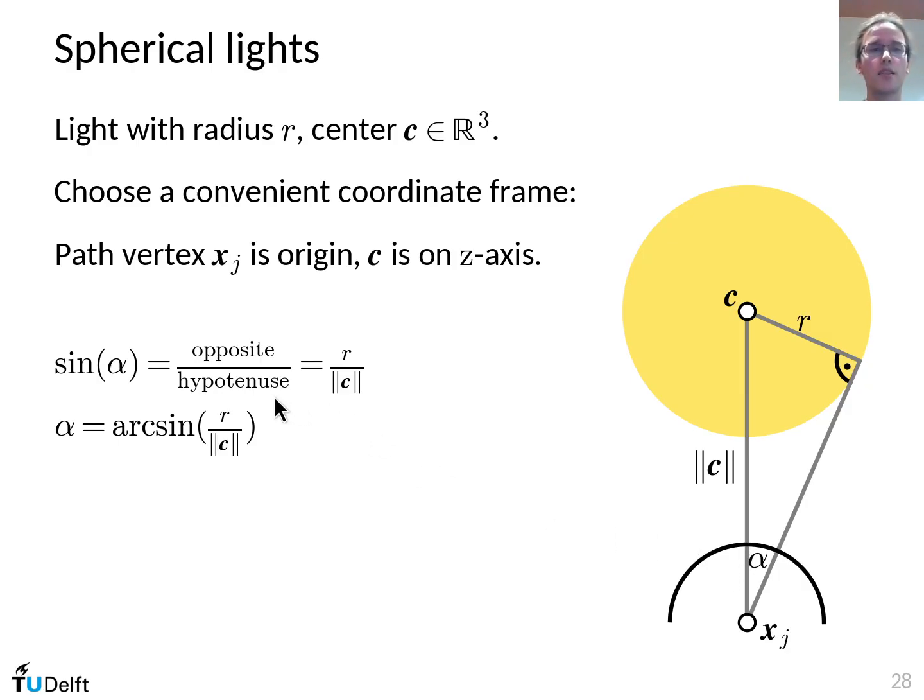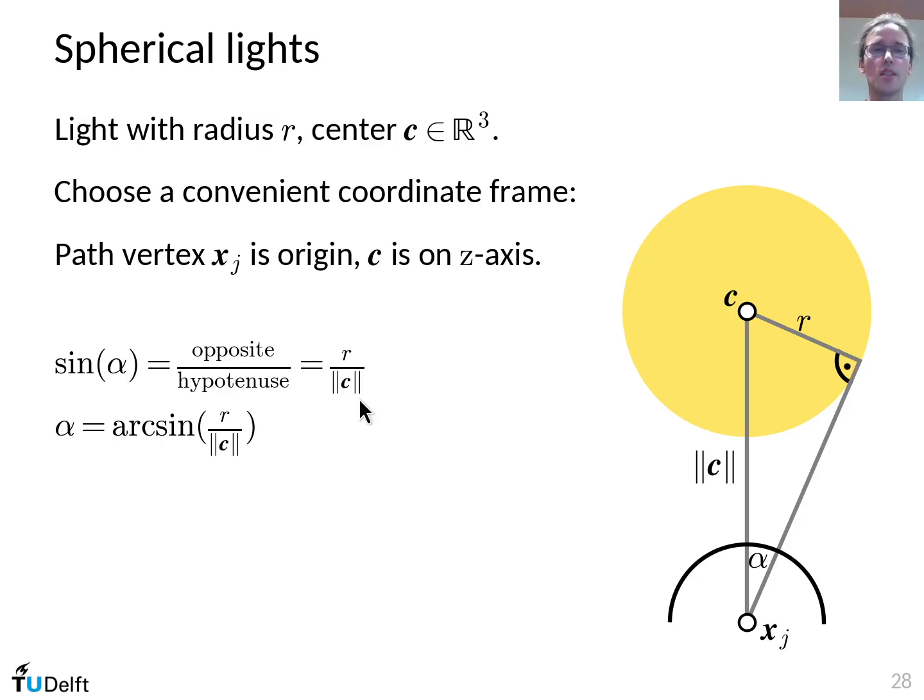And to compute this angle, we use trigonometry. So we look at this right triangle here made up of a tangent line to the sphere and the vector towards the center. And then we have this orthogonal line here with the radius. And then trigonometry tells us that the sine of this angle alpha is the quotient of the opposite, which is the radius, and the hypotenuse, which is the length of the vector towards the center.